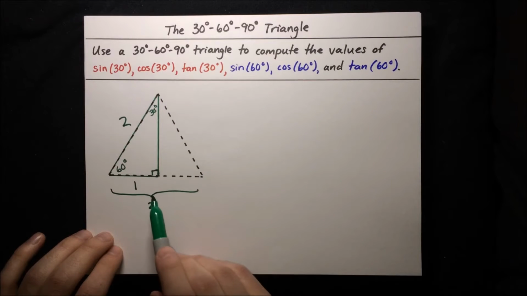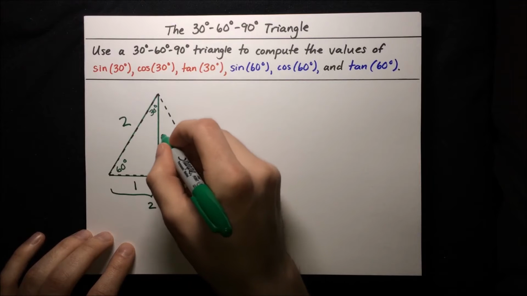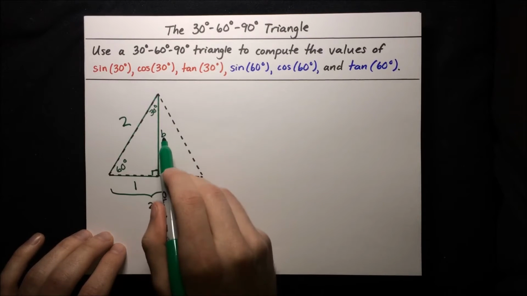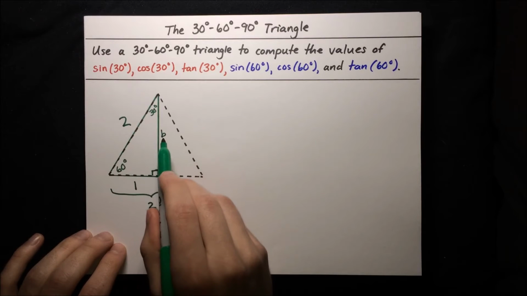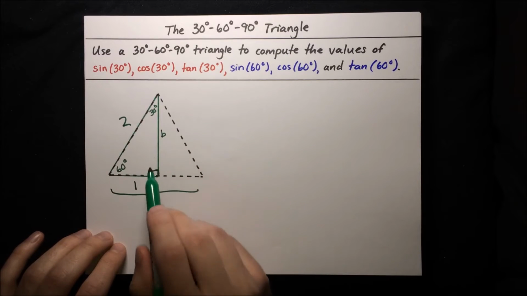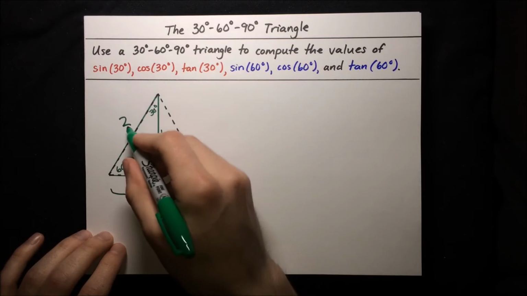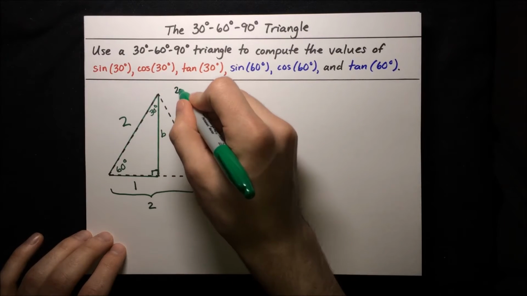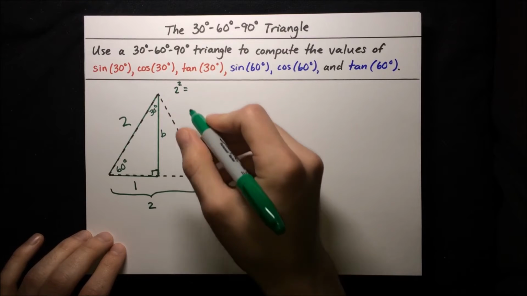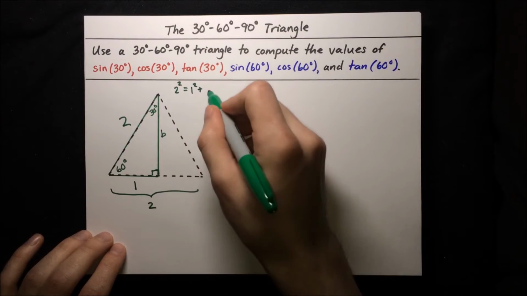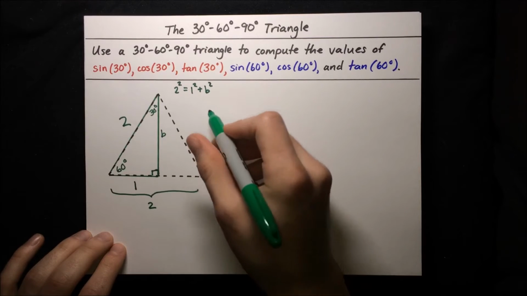And then we need to solve for what is the remaining side. Let's call this B. So we know two of the sides, 1 and B, and we know the hypotenuse. Well, how can we solve for B? We can just use the Pythagorean theorem. So let's go ahead and do that. Pythagorean theorem says that the hypotenuse squared, 2 squared, is equal to the side 1 squared plus the other side B squared, and we can solve for B that way.